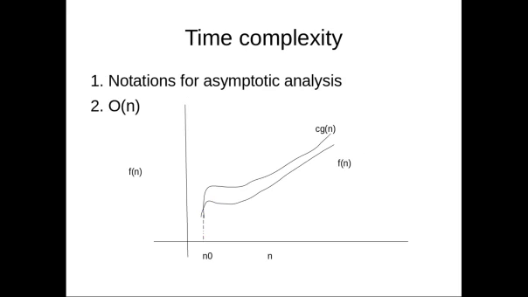Then what is big O of n? Suppose n is the number of key elements in your program or in your algorithm. From now on we will say algorithm. So there are n number of inputs.